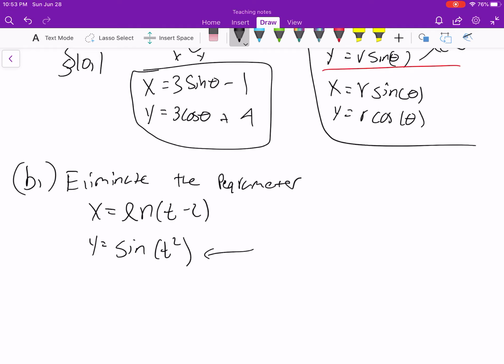To do that, you're going to have to take the arcsine. I don't think this is as good as inverting the x equation, because when you take the arcsine, you are going to restrict the domain. The domain of arcsine is, I think, -1 to 1, something like that. So I don't think that's a good one to invert.